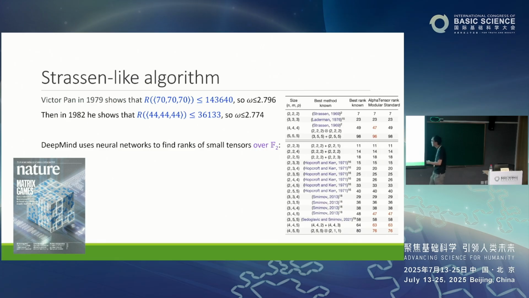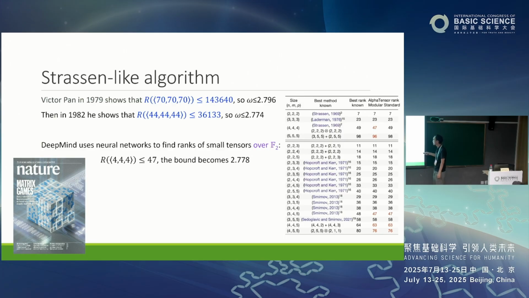In 2022, DeepMind used neural networks to find ranks of smaller tensors, and these are the results DeepMind found. If I compute it, this one gives a better bound than this tensor. R of (4, 4, 4) is less than or equal to 47.